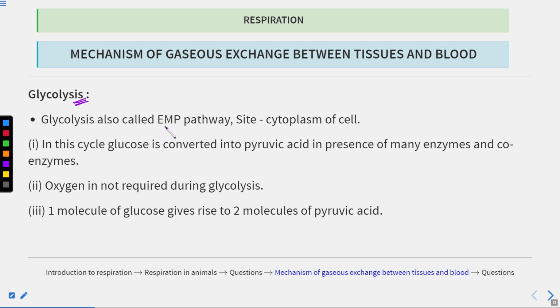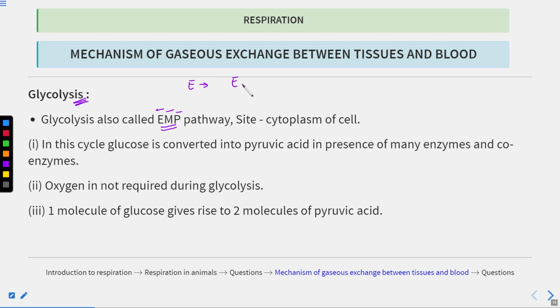Glycolysis is also known as the EMP pathway. Why? Because it was discovered by three scientists named Emden, Meyerhoff and Parnas. They took the first letter of each scientist's name.